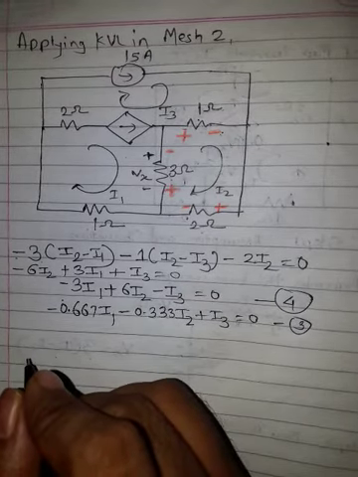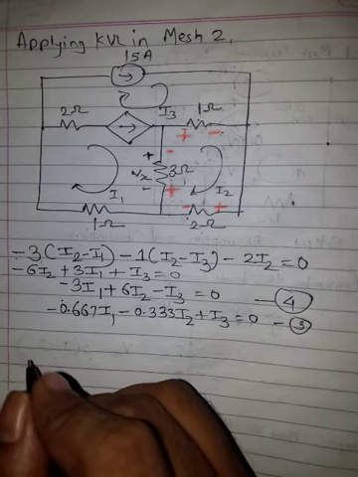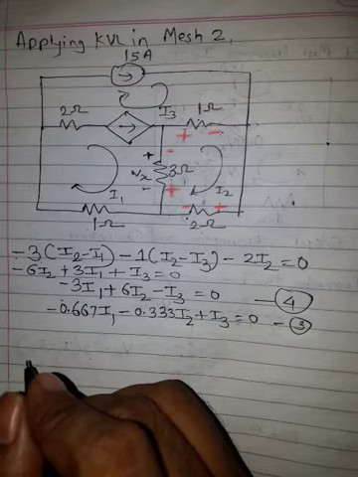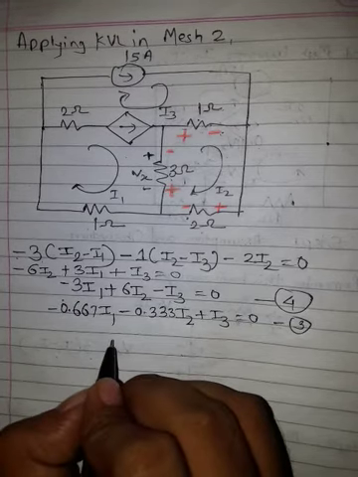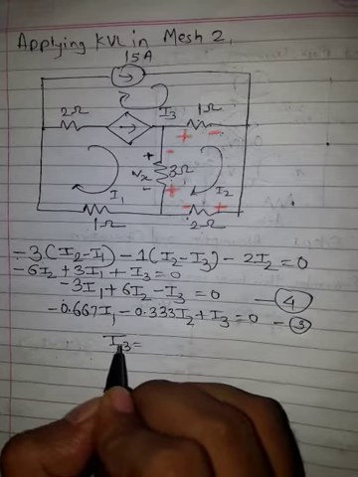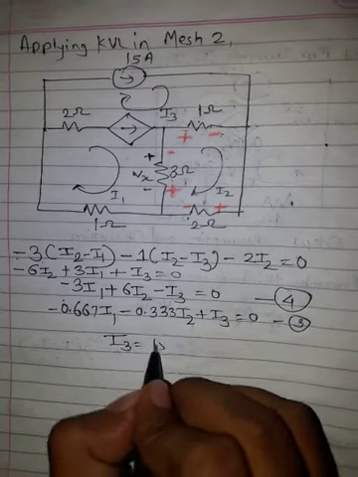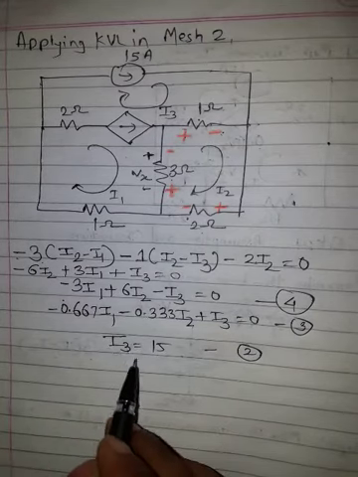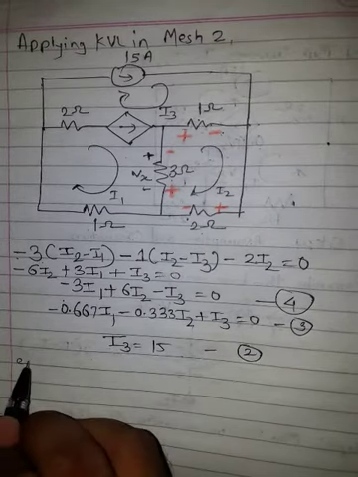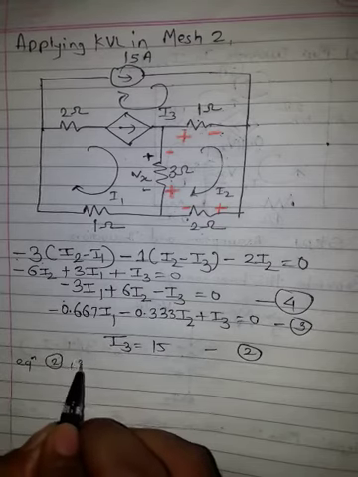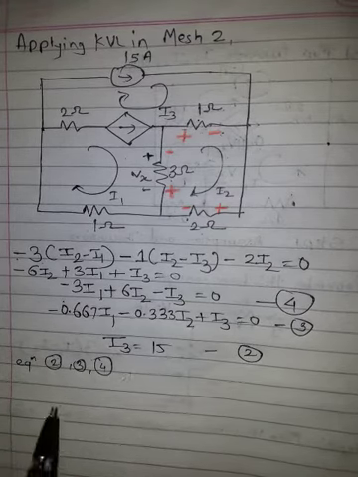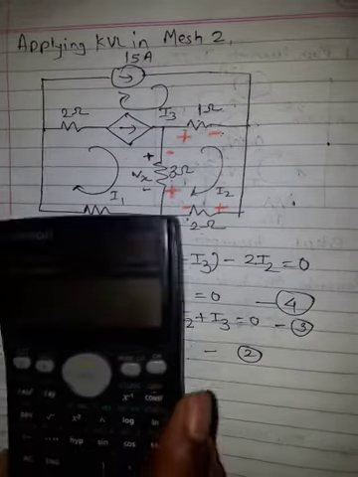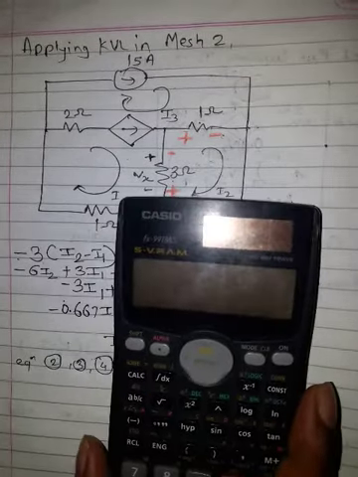And you know the value of I3 from equation number 2. So from equations 2, 3 and 4, we will solve in the calculator. All of you see this calculator.